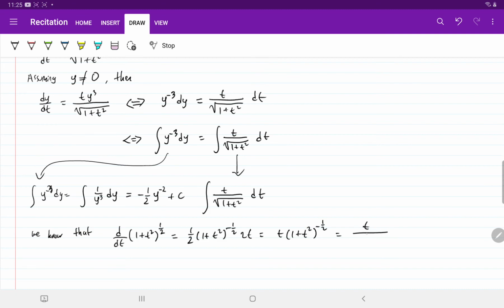So it is the same as this term right here, right?